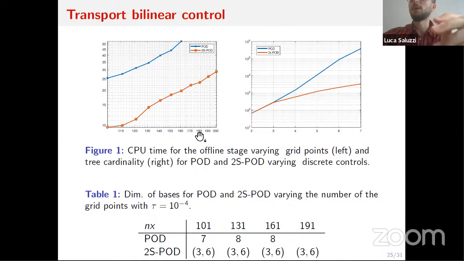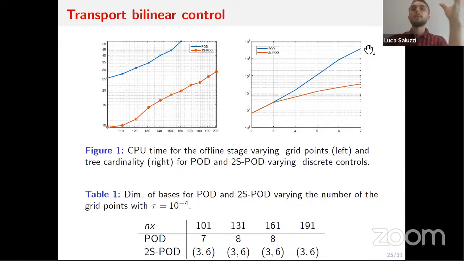That is the offline stage, where we are just constructing the basis for our algorithm. In the online phase, since POD is a vector in dimension 7, while two-side POD is a matrix of size 3 times 6, I would expect two-side POD to be a little bit slower. But in this plot, varying the discrete control from 2 up to 7, the cardinality of the tree in two-side POD is much lower than for POD.